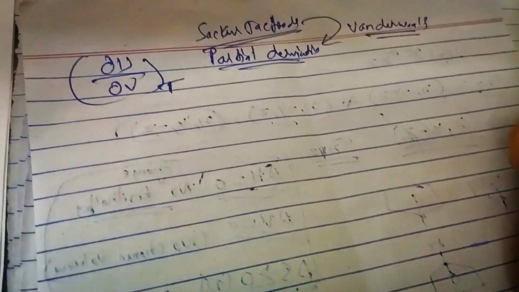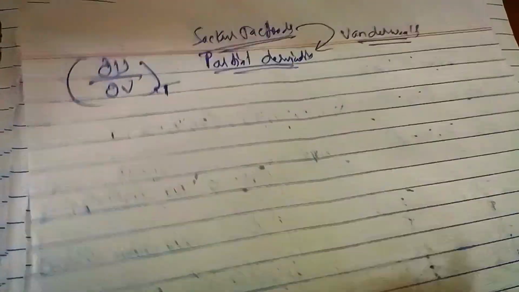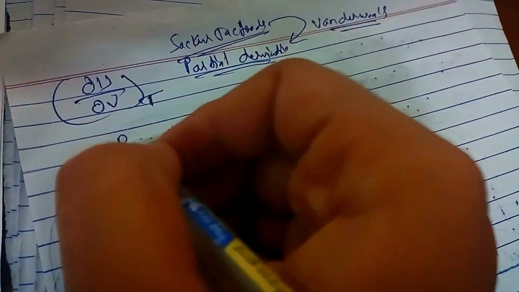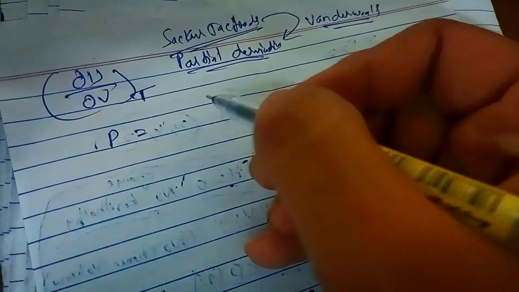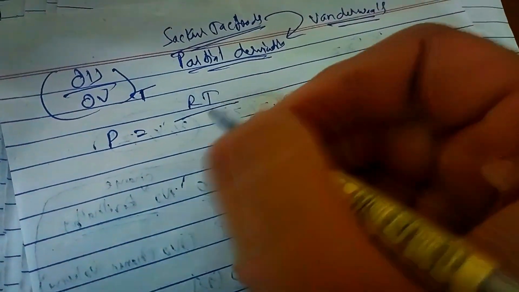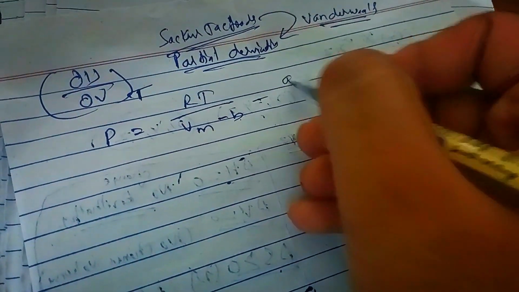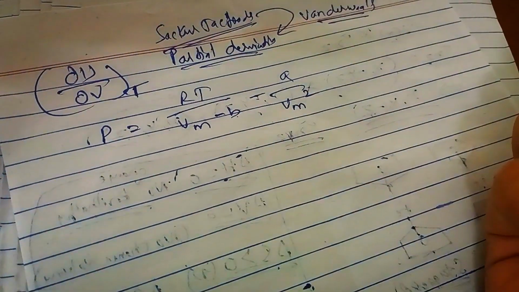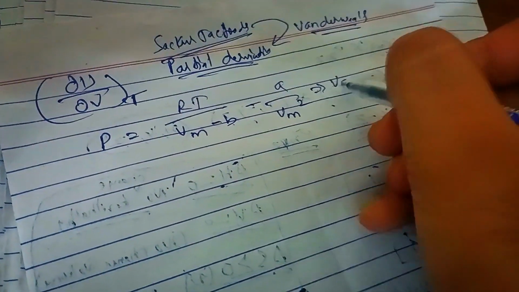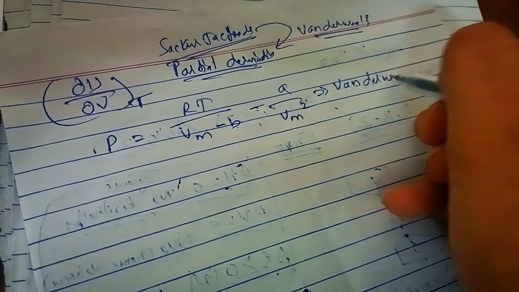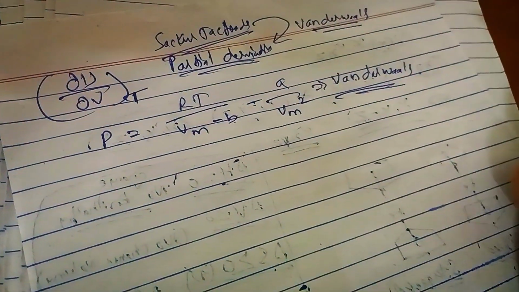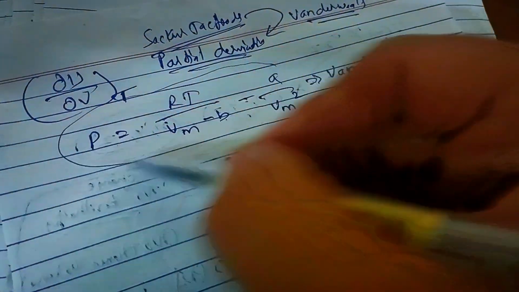Okay, for van der Waals, according to the van der Waals equation, P is equal to RT divided by Vm minus b, minus a divided by Vm square. This is the most important van der Waals equation. You have to always remember this equation.